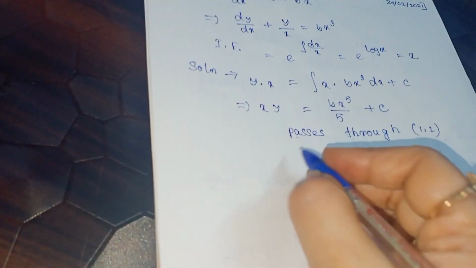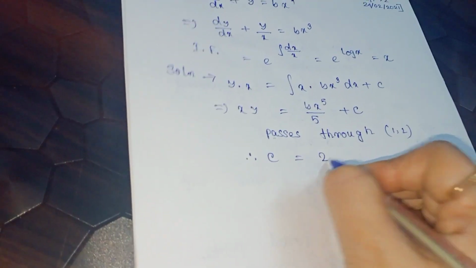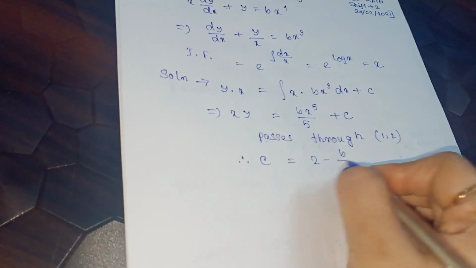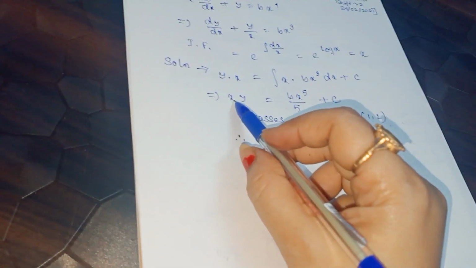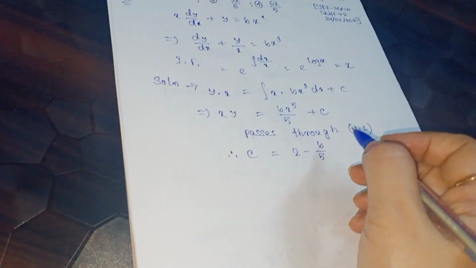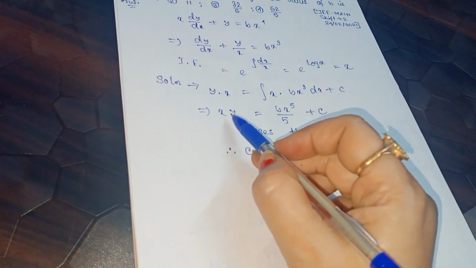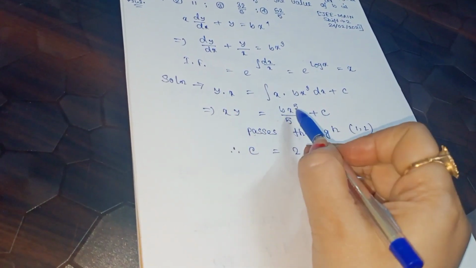Here we get c = 2 minus b/5, when we put x = 1 and y = 2.